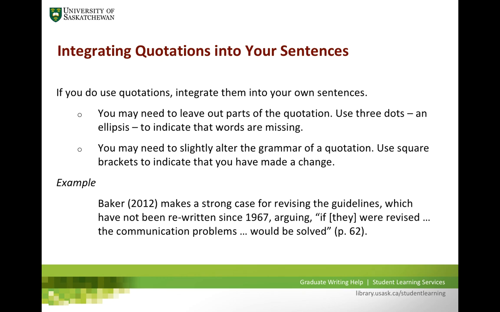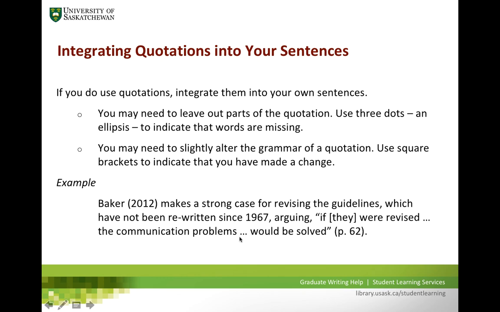So here's an example. Baker makes a strong case for revising the guidelines, which have not been rewritten since 1967, arguing if they were revised, the communication problems would be solved. This is just a fictional example, but I can assume that the original perhaps actually had the name of the guidelines, which I didn't want to repeat, so I just used they instead and put square brackets around the word that I'd replaced.